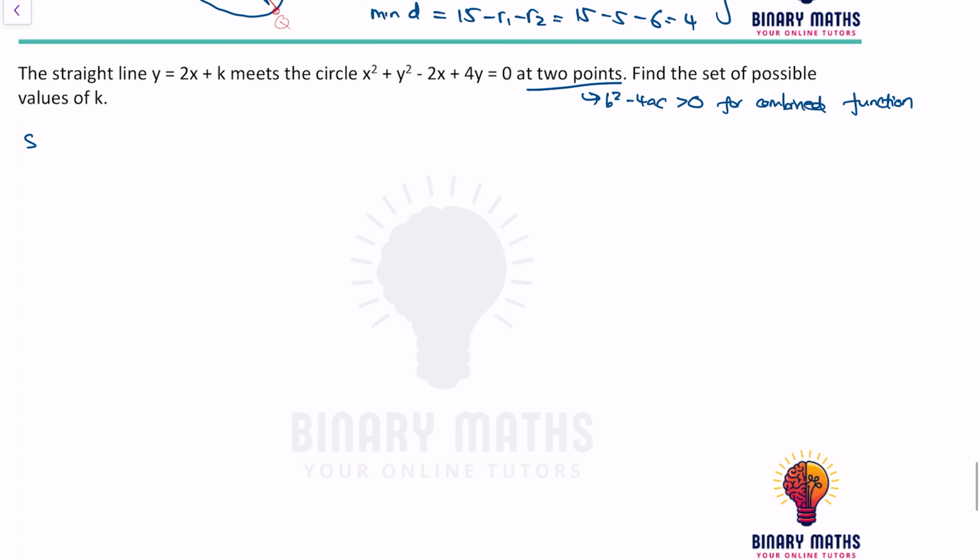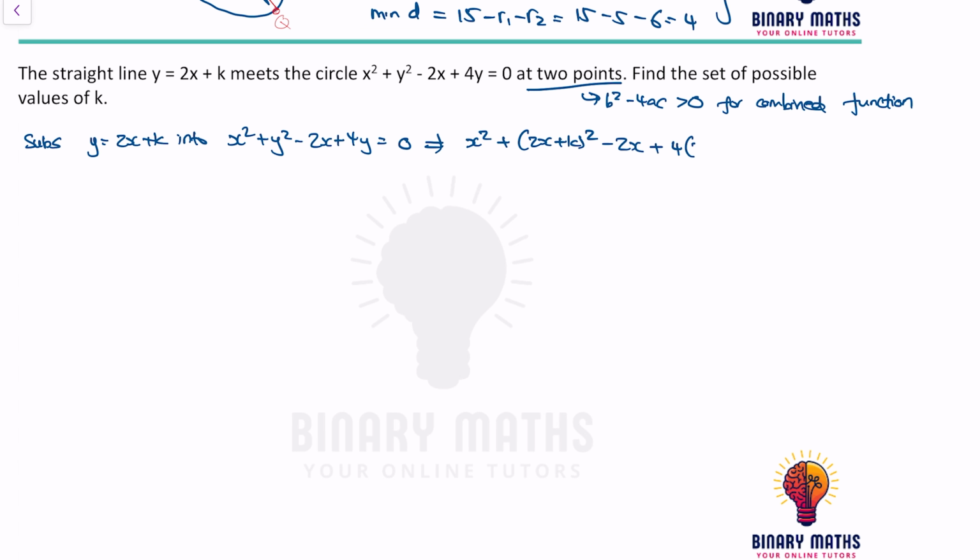So the first thing I need to do is substitute y is equal to 2x plus k into x squared plus y squared minus 2x plus 4y equals 0, which ends up giving me x squared plus (2x plus k) squared minus 2x plus 4 lots of (2x plus k) is equal to 0.